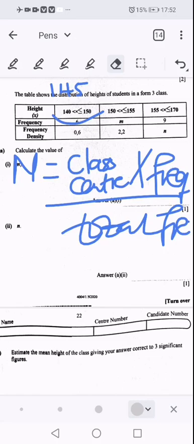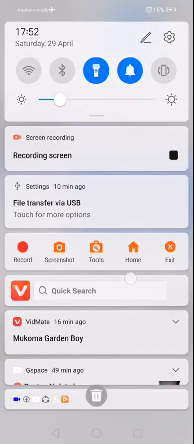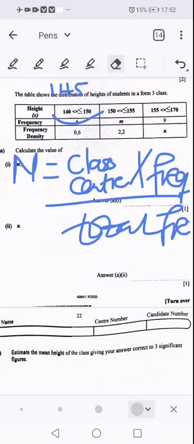If I'm not mistaken. Let me check, yeah, it's 345. Then 345 divided by 2 gives 152.5. Then I add again and divide by 2, and you get 162.5. So that is the class center.